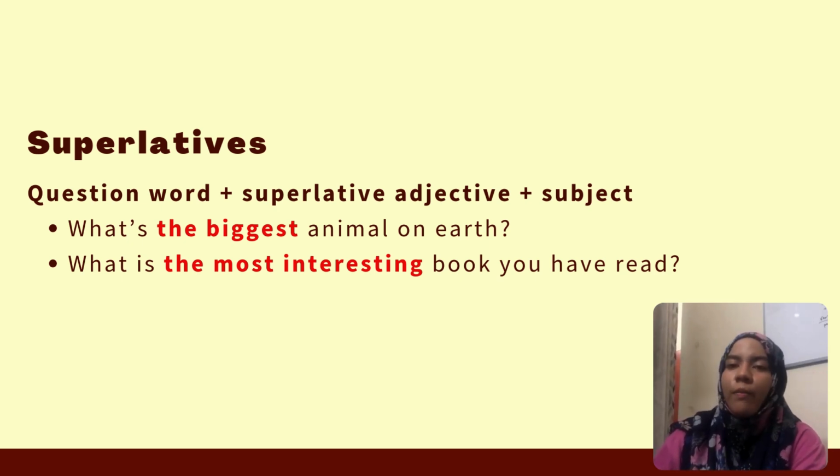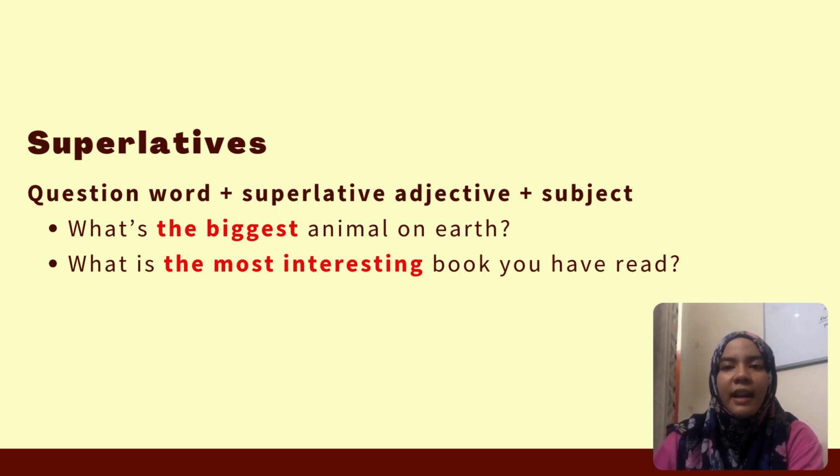How can we form question using superlative? Well, for superlative, we begin with question words like who, which, or what, followed by superlative adjective and the subject. For example, what is the biggest animal on earth?